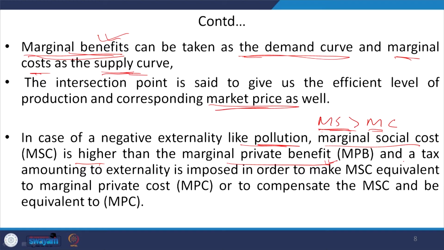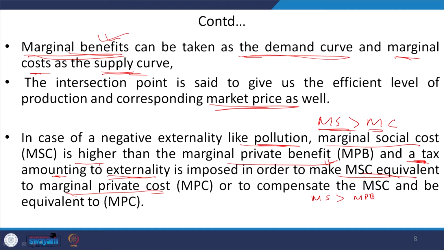So, in this case we can consider a tax to be imposed for this externality concern, so that the externality can be internalized. What we are saying is that the marginal social cost is greater than the marginal private benefit, right.